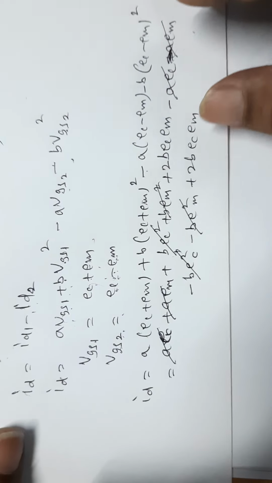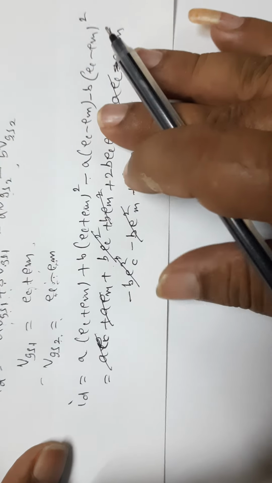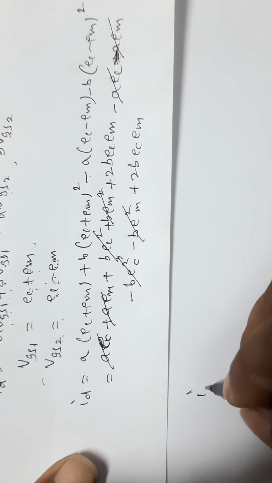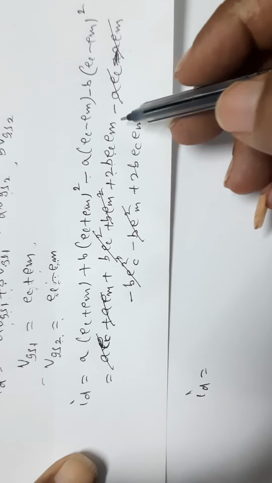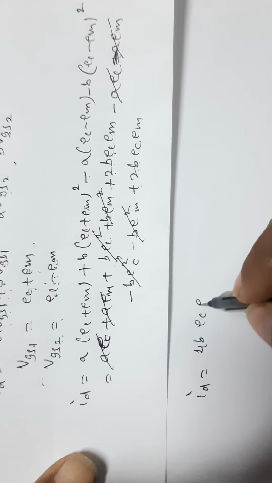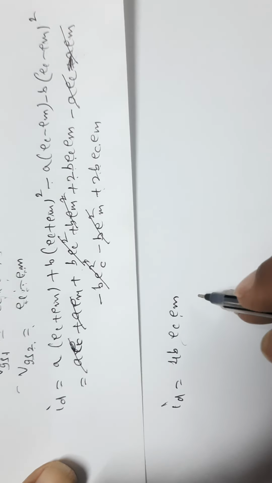Therefore, you get the drain current ID is equal to 2B EC EM plus 2B EC EM, which is 4B EC EM. Substitute for EC and EM.